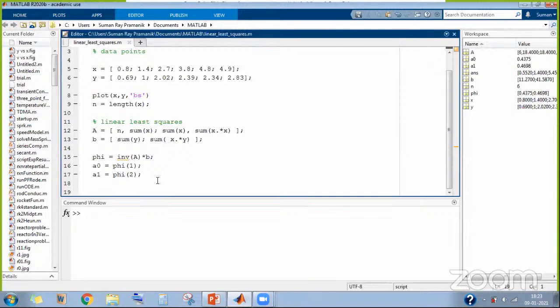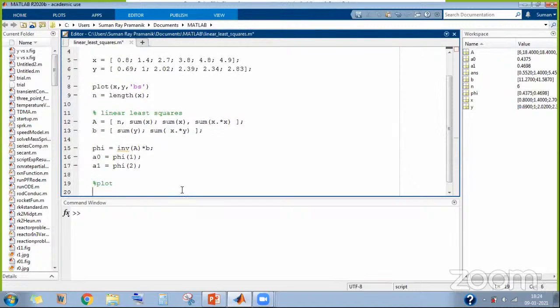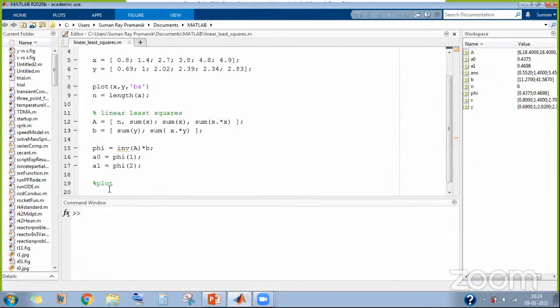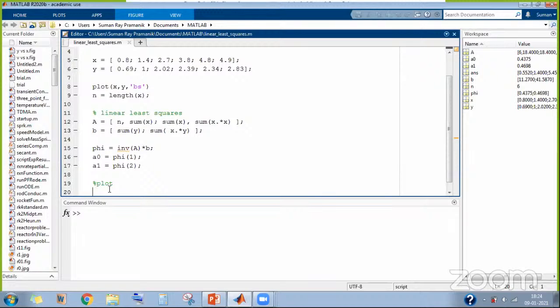So now let us try to plot a straight line. Oh, before that, let us look into the earlier plot once again. Look, this plot is ranging from 0.5 to 5. So we will also range our values from 0.5 to 5 and see what the plot looks like.